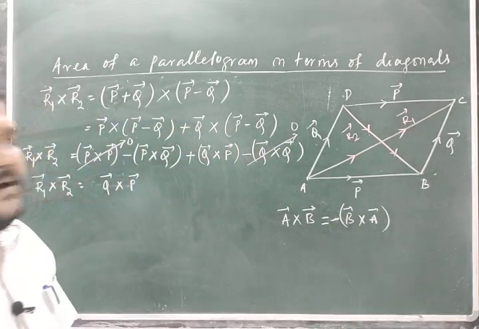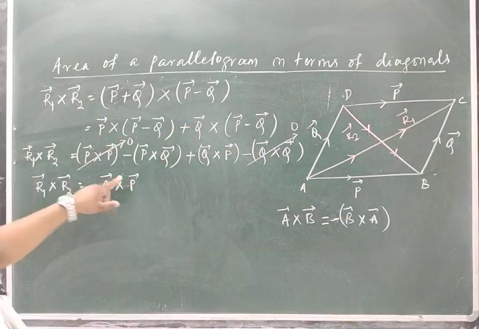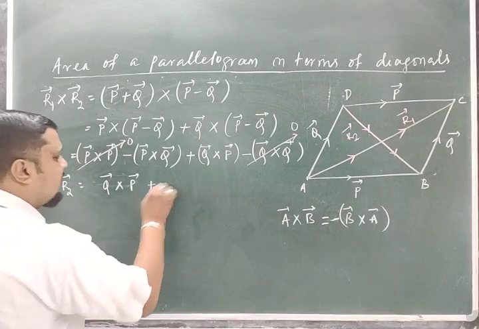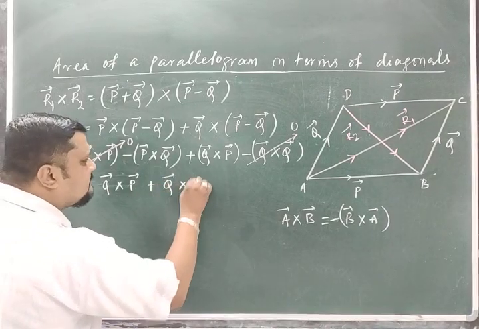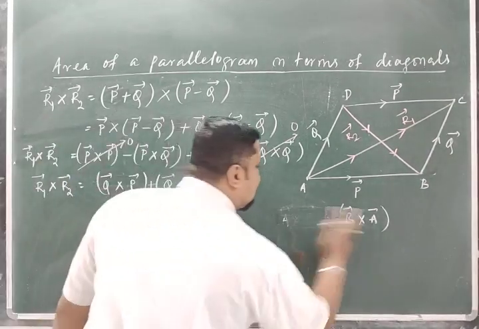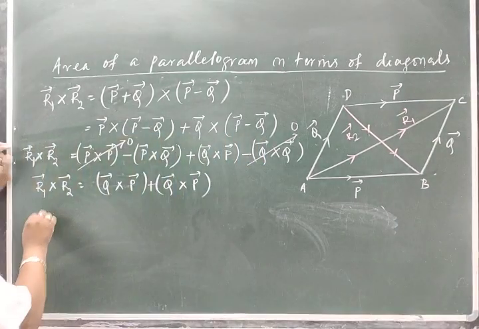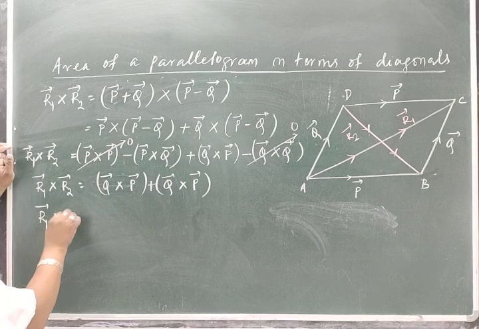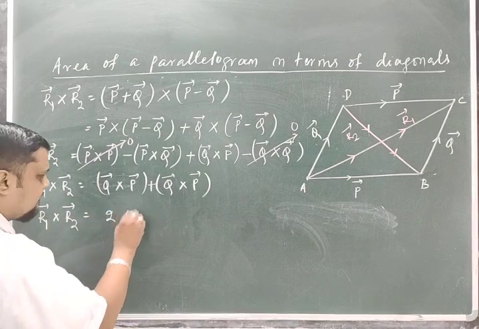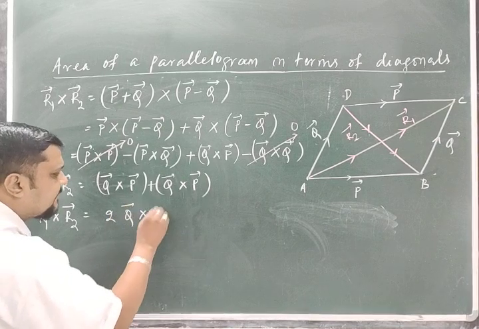Similarly, A cross B is equal to minus B cross A. Accordingly, minus of P cross Q is equal to Q cross P, plus Q cross P. Isn't it? So this gives me R1 cross R2 equal to 2 times Q cross P.